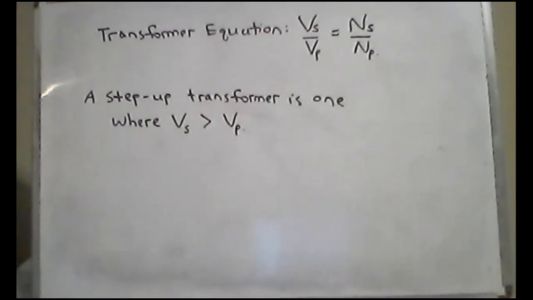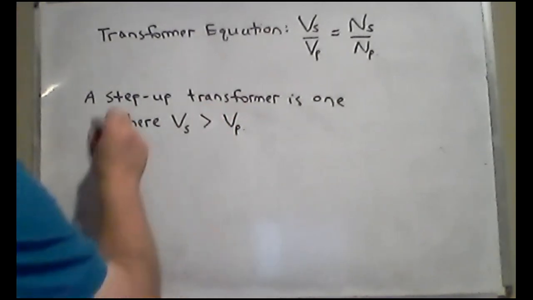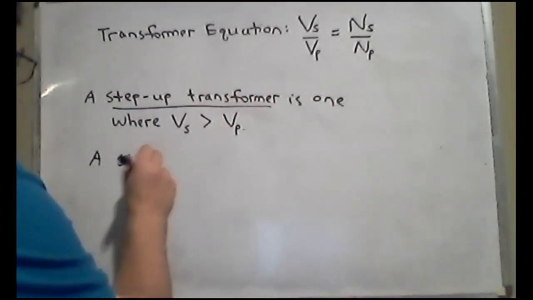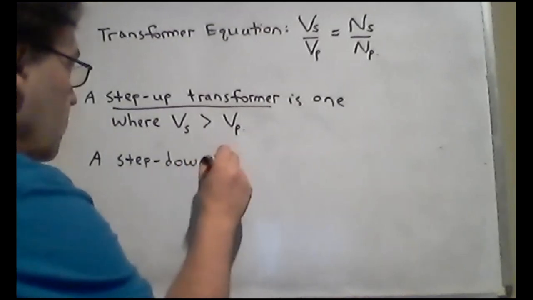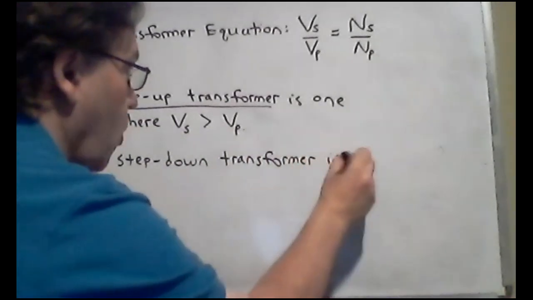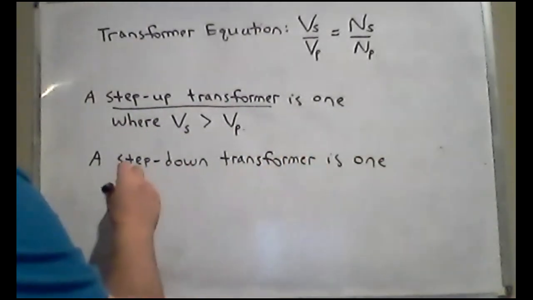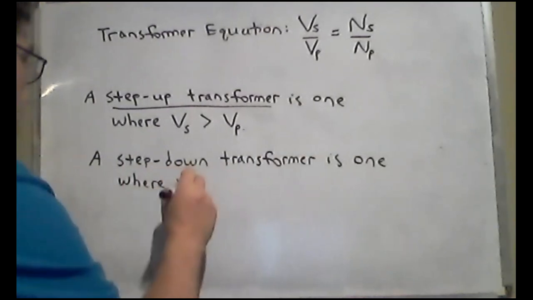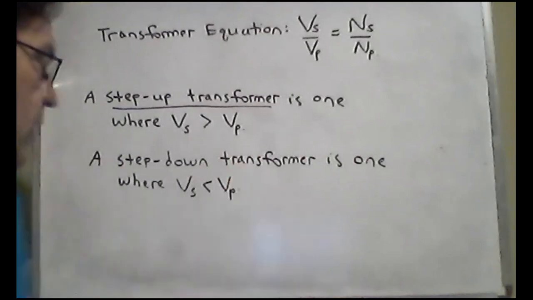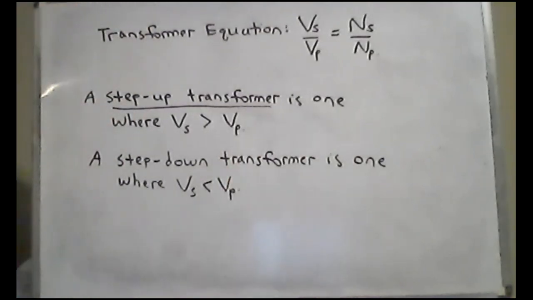So you'd want a step-up transformer for that. A step-down transformer is one where V sub S is less than V sub P. Maybe you have a video game that takes a smaller voltage to operate, and you don't want 120 volts. You want to step it down. That's an example of a step-up and step-down transformer.